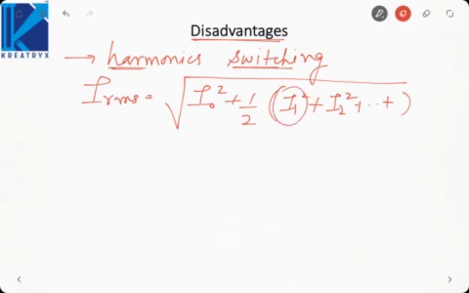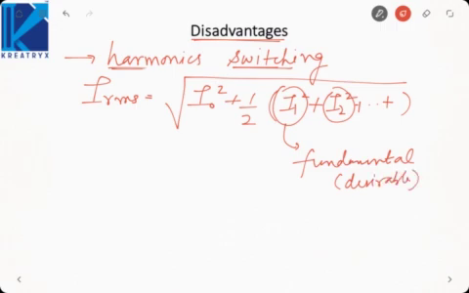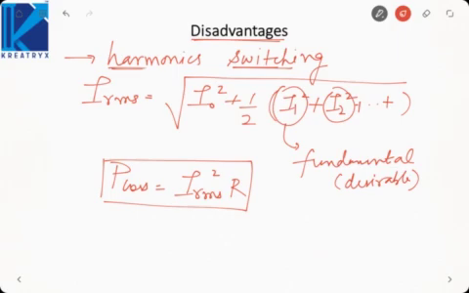Here I1 is the amplitude of the fundamental and I2 the amplitude of the second harmonic. So this is my fundamental term, which is desirable. The rest of the terms are undesirable, which means the RMS value of the current increases due to harmonics in the system. If RMS current increases, then the losses, which are equal to I RMS square into R, will also increase. So copper losses increase due to the increase in RMS current of the system.